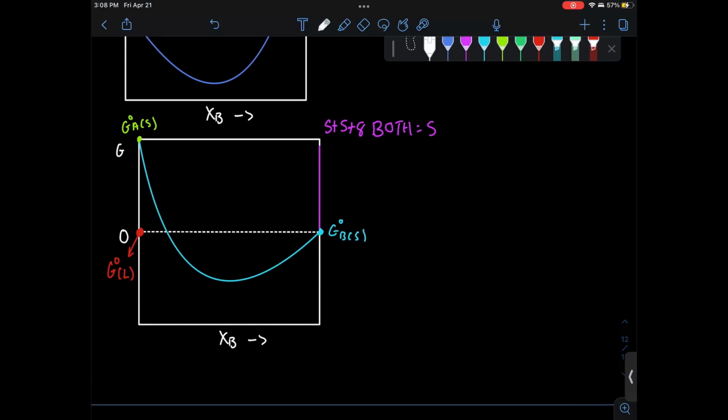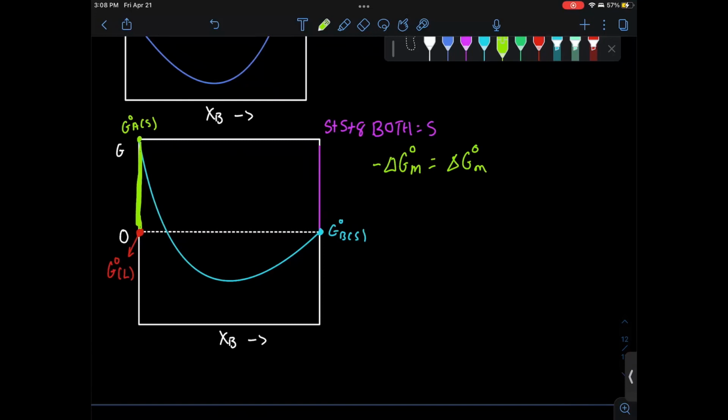Now, what is this difference now? Well, that's going to correspond to the negative change in Gibbs free energy due to melting, or the Gibbs free energy we need to freeze it.